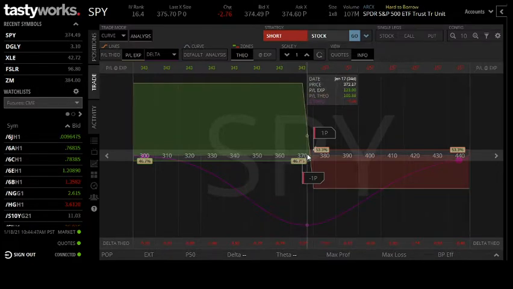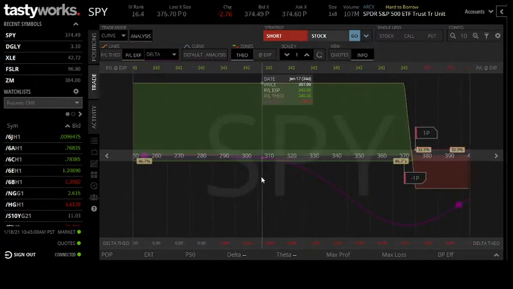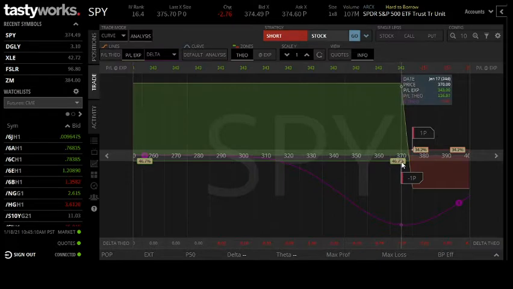So at expiration, if it's at 372, you're getting $123 profit. You're risking $157 max. So if it's above 375 at expiration, that's your max loss. And if it's below 370 at expiration, that's your max gain.